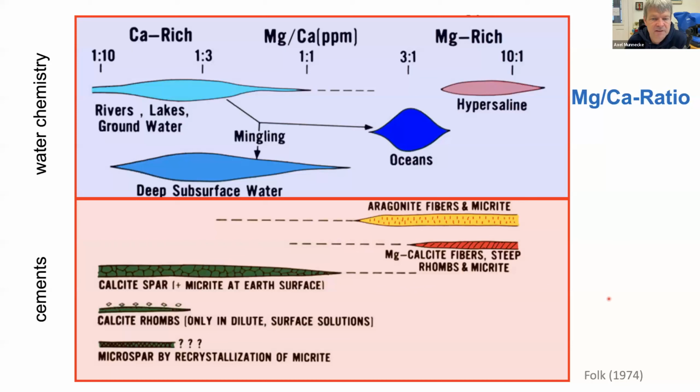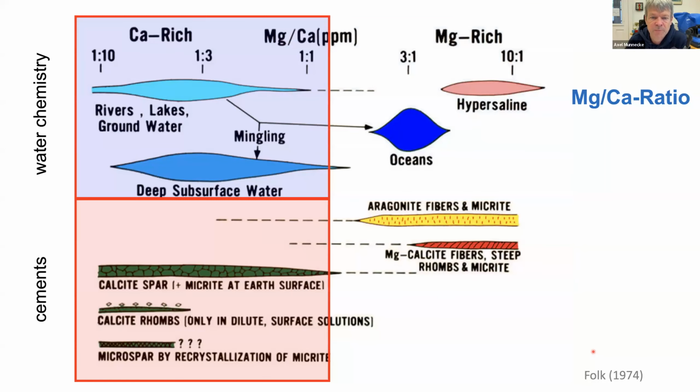And it is known since the seminal paper of Folk in the 70s where these cements form. Very important is the magnesium-calcium ratio. So this is shown in this diagram. And these blocky granular cements form from fluids with a low magnesium-calcium ratio. This is shown here: in this red box are the cements, and in this bluish box are the water masses from which these cements precipitate.